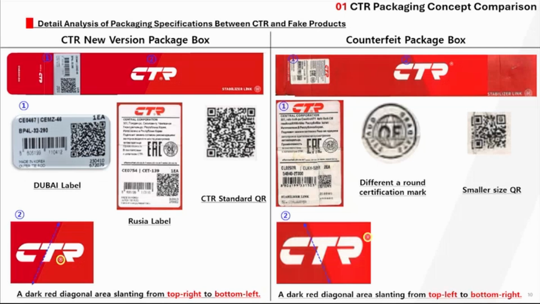These subtle but important details like label formatting, certification clarity, and design alignment are what help us distinguish real CTR packages from fake. Recognizing these differences is key to ensuring authenticity, customer trust, and product safety.